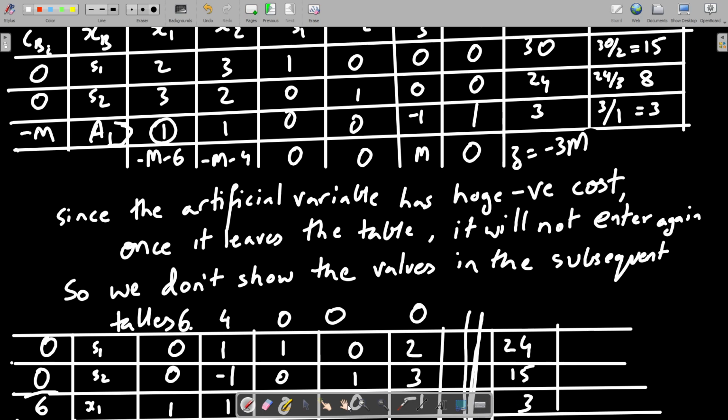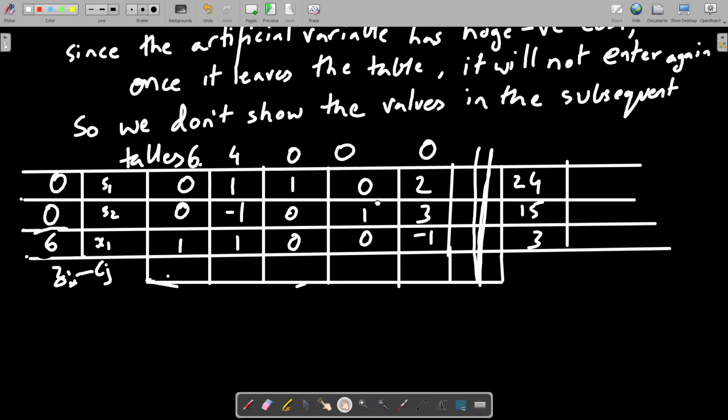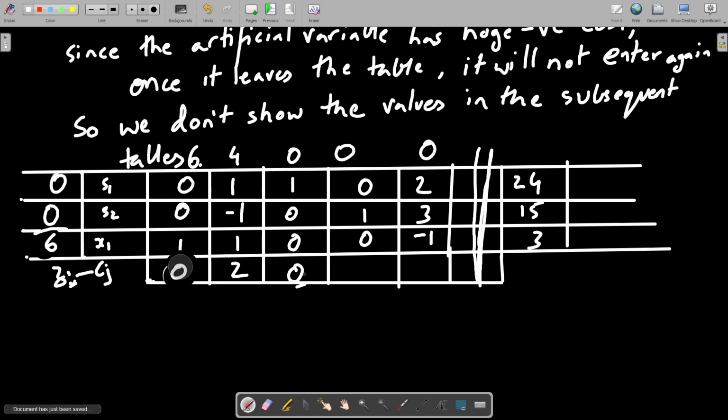Okay, so this is what we get. So 6 into 1 minus 6 is 0. So 6 minus 4, that will give you 2. 0, 0 minus 6.